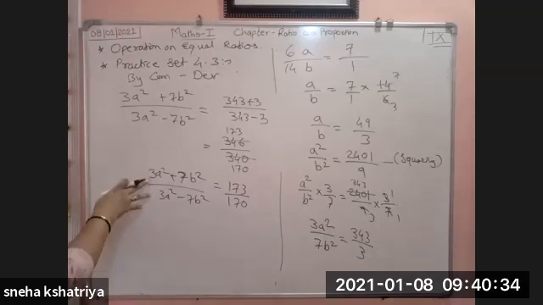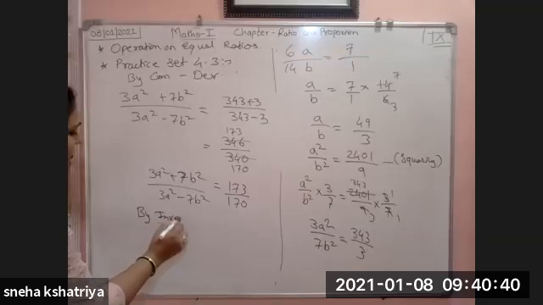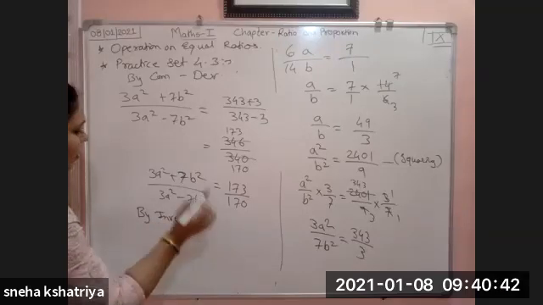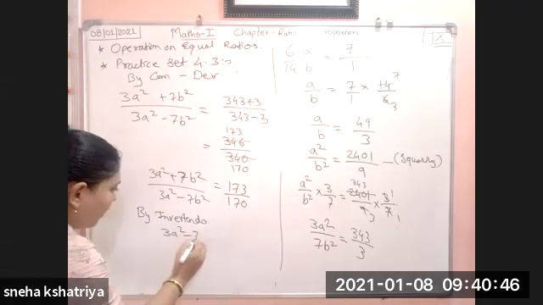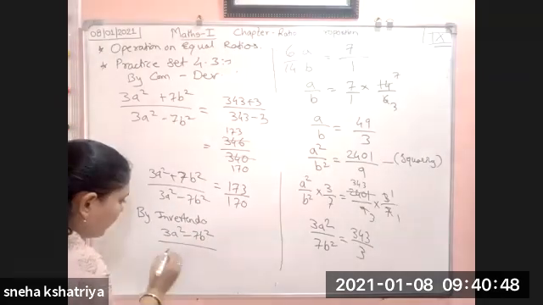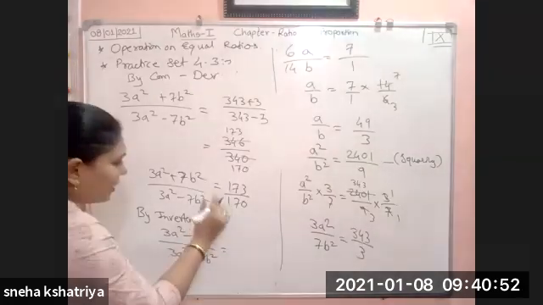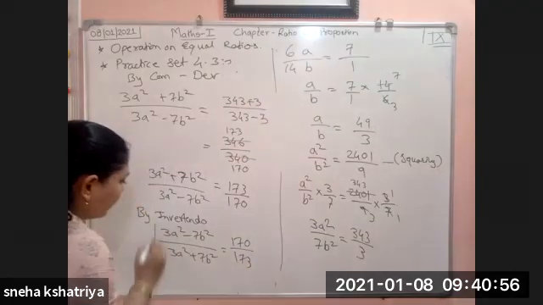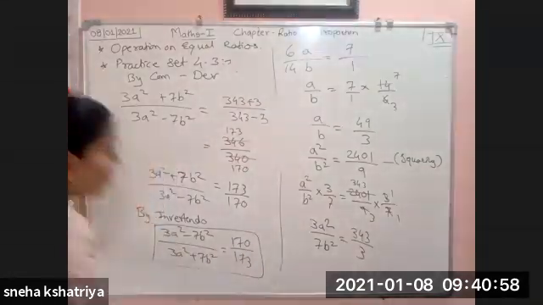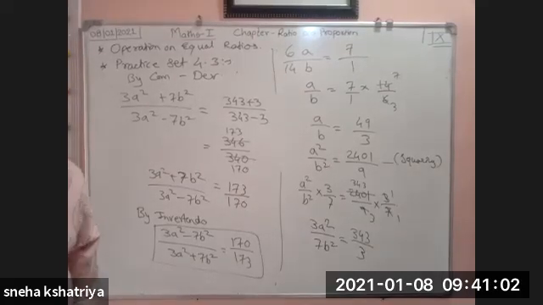The negative sign is at the numerator and positive sign is at the denominator. So again by invertendo, we get 3a square minus 7b square divided by 3a square plus 7b square. Again this also inverts, 170 divided by 173. Okay.